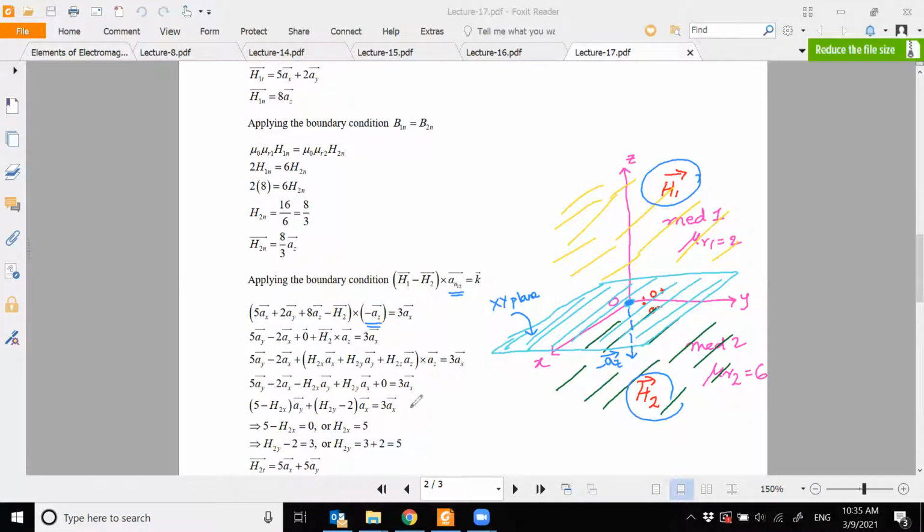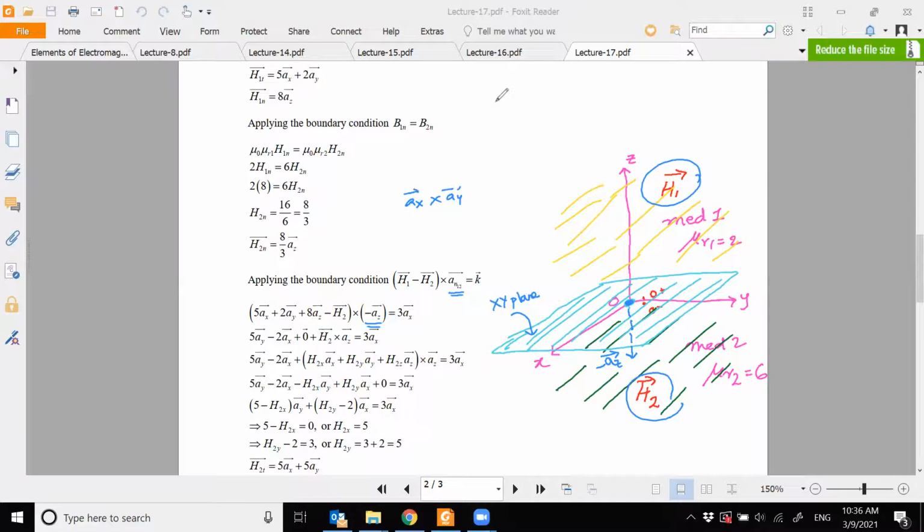After that, things are very straightforward. First you do the cross product with minus AZ. AX cross AZ is AY, so 5AY. Then AY cross minus AZ is AX.